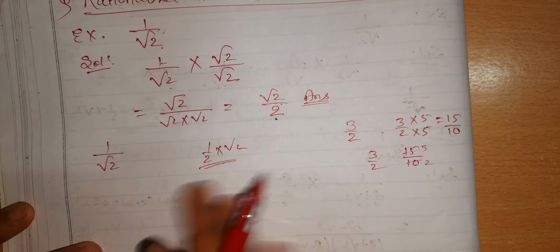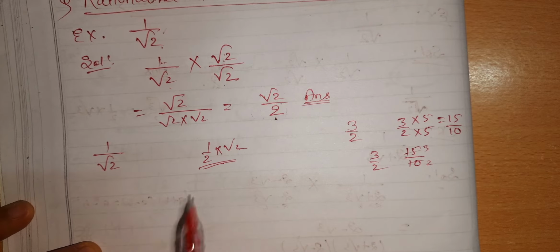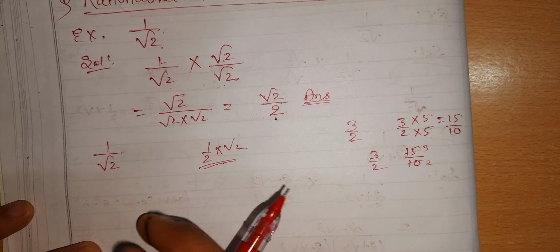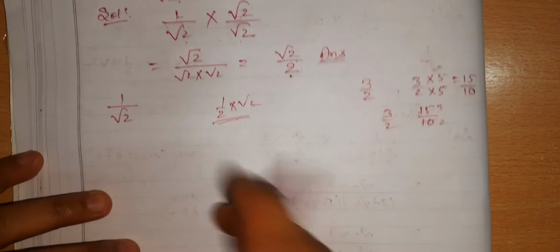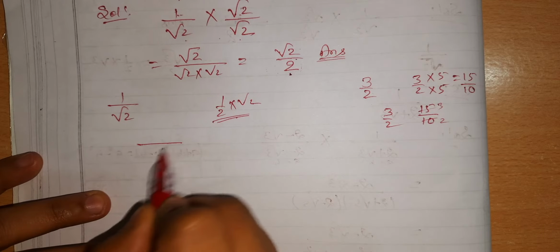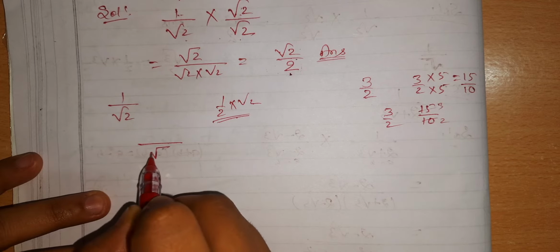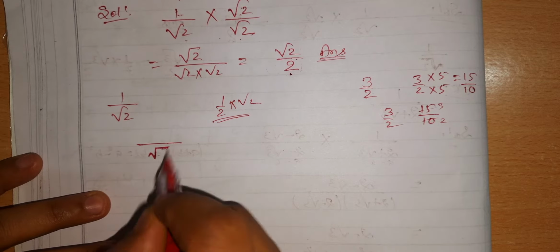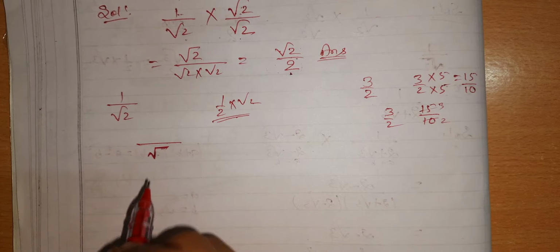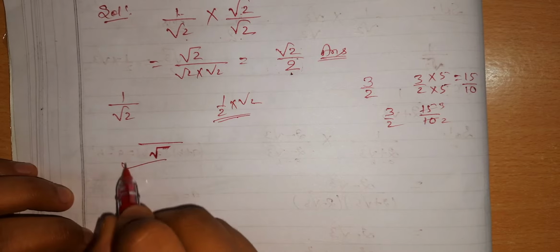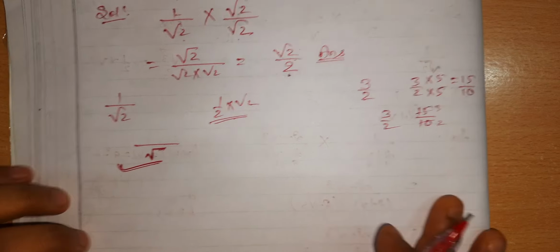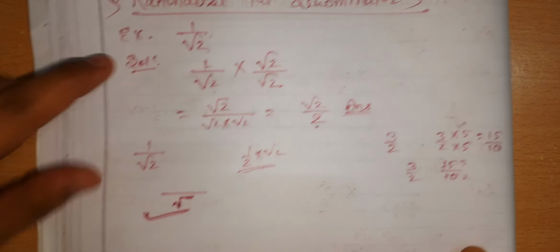Whenever we find any term in the denominator that contains a square root, we rationalize the denominator. So this is a very simple basic example.